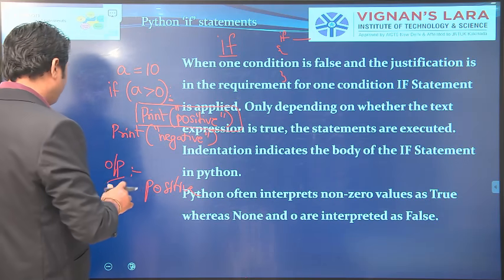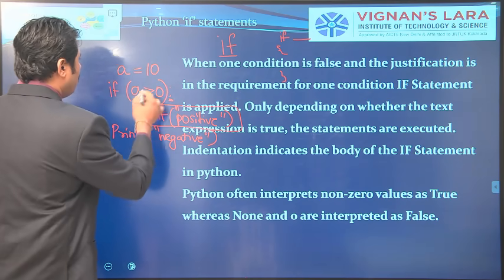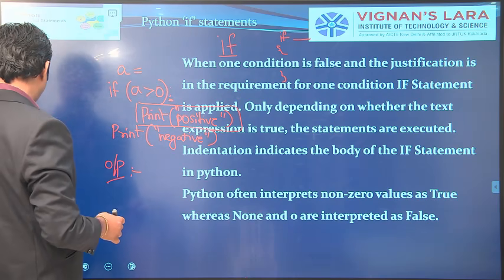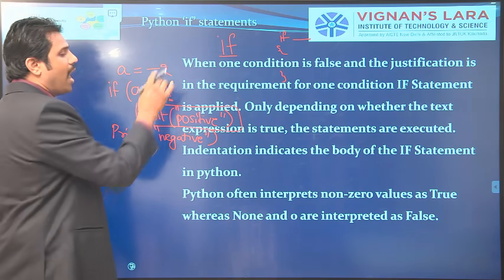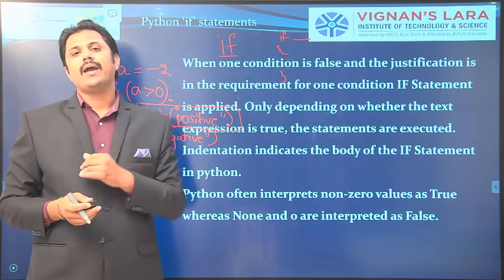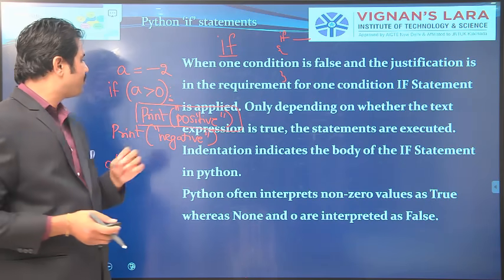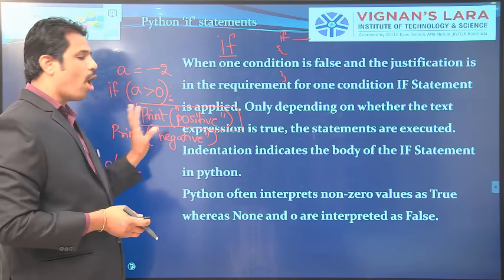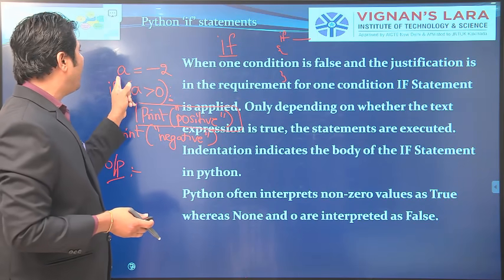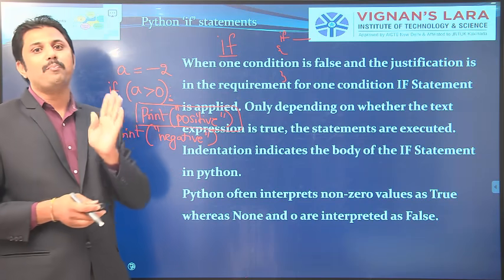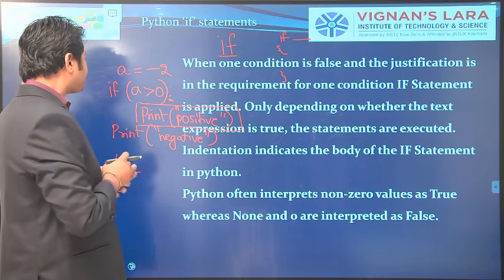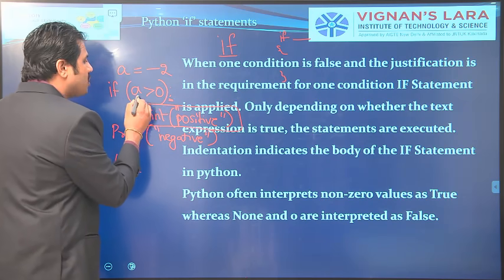What happens if you take another value? I am going to take a equals -2. Previously a was 10, so it executed the if block. Now with a equals -2, it again checks the condition.